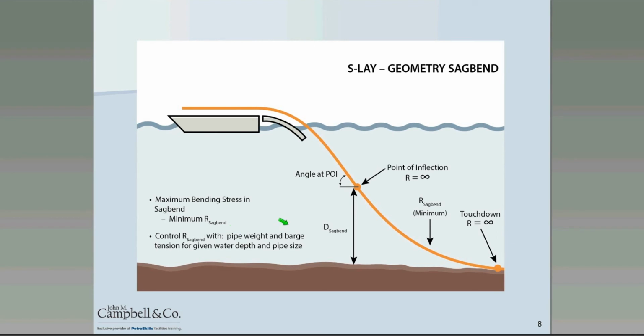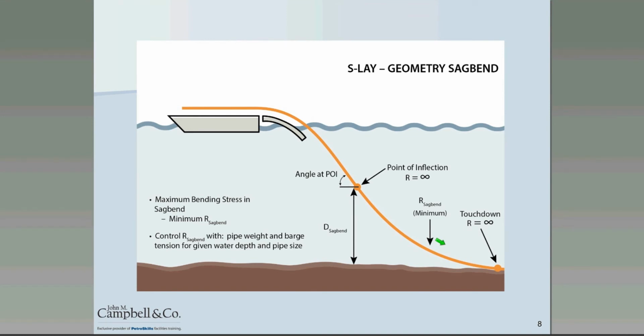Now, to think about this configuration, you need to visualize it as like a catenary. That's a very apt description of the geometry of this curve. It won't be a true catenary because the pipe will have some bending stiffness to it, which will modify the actual geometry, but its basic shape is very much like that you'd see for any kind of wire rope or chain that's suspended in a catenary.